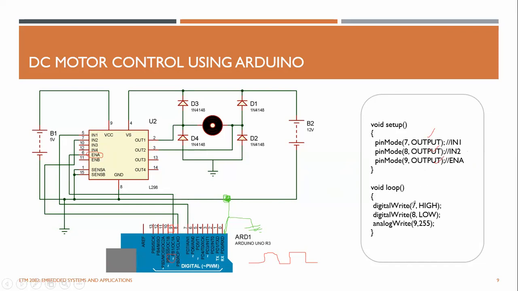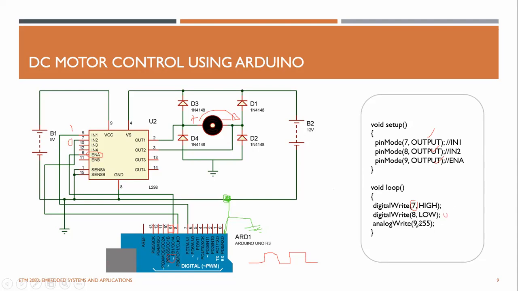If you want clockwise rotation, this side should be plus and this side should be minus. I'm setting pin number 7 high. Pin number 7 is connected to this one, so this one is high and this one is 0, so it is clockwise rotation.